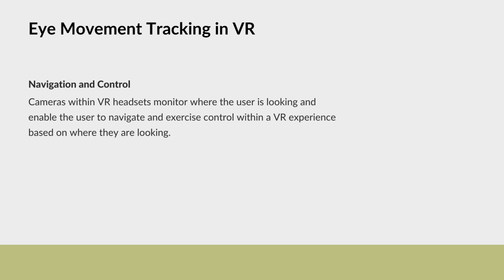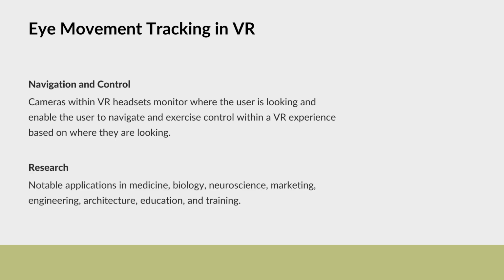In their research, Moreno et al. discovered that medicine, biology, neuroscience, marketing, engineering, architecture, education, and training are the domains which have benefited the most in terms of eye movement tracking within virtual reality experiences.